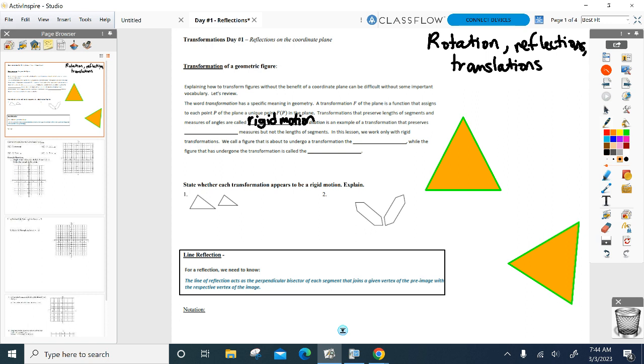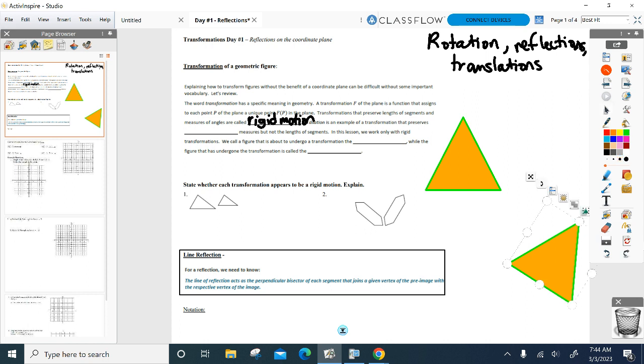So whatever I did, turned it, slid it, if the two end up being congruent at the end, I performed a rigid motion. Rigid is a term we're going to use throughout this unit.